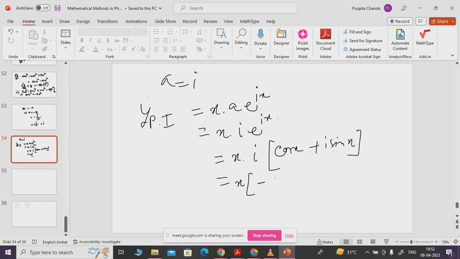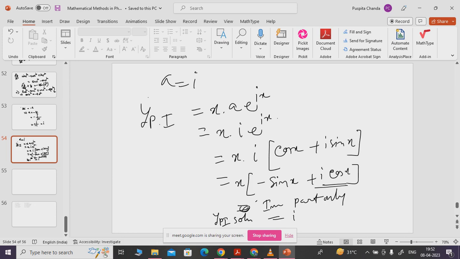But here we only consider the imaginary part. So it becomes -sin x + i cos x, and the imaginary part gives the actual solution: y_p = x cos x.